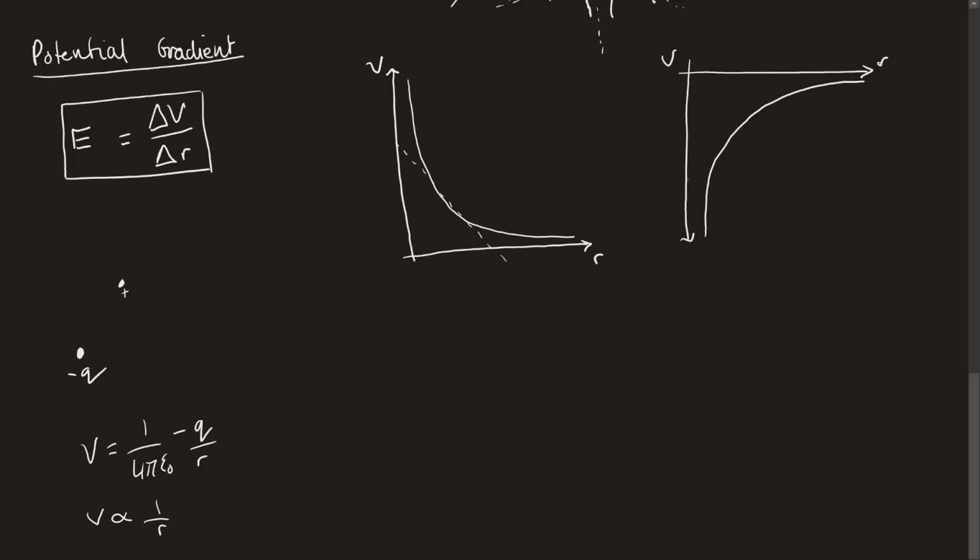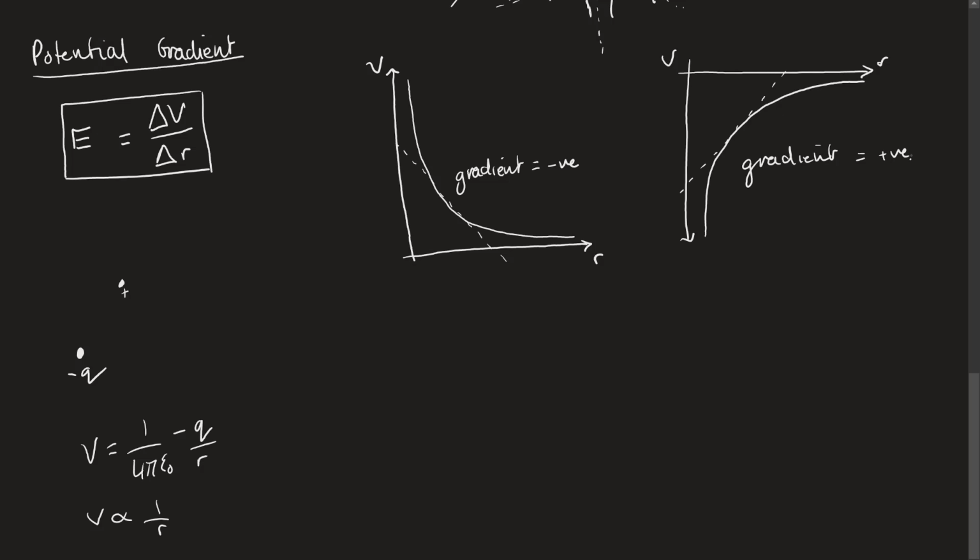And so this means that if I take a gradient here, this is now my electric field strength. Now this gradient is negative, whereas this gradient is positive, so it does matter whether your center charge is positive or negative, because it's going to affect the sign of your potentials, the sign of your electric field strength, the sign of the forces. Everything changes, so it does matter to know what the sign of the charge at the center is.